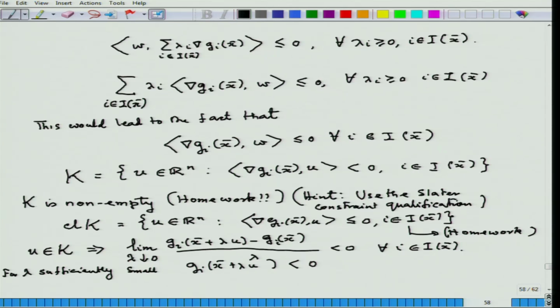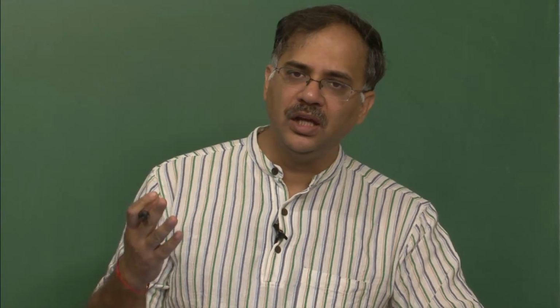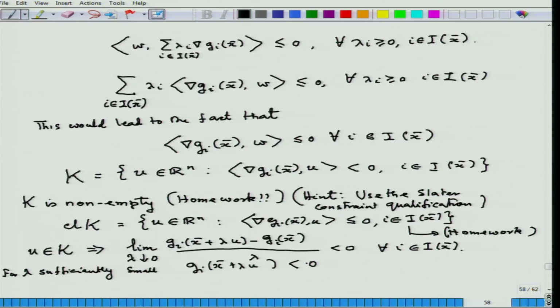Now, for those i which are not in I(x bar), g_i(x bar) is strictly less than 0. Then by continuity of those g_i's, you can get a lambda sufficiently small such that g_i(x bar plus lambda u) would be strictly less than 0. So, for lambda sufficiently small, I can show this is true for all i equal to 1 to m.